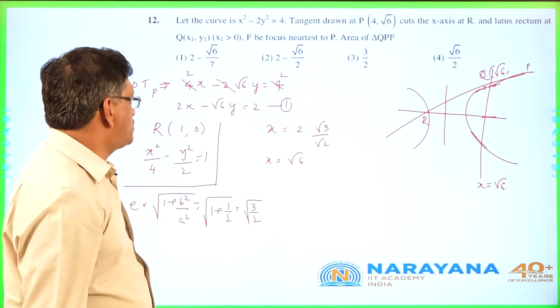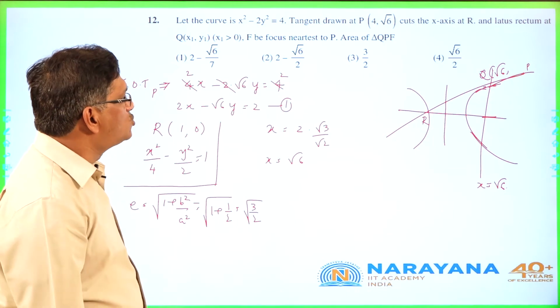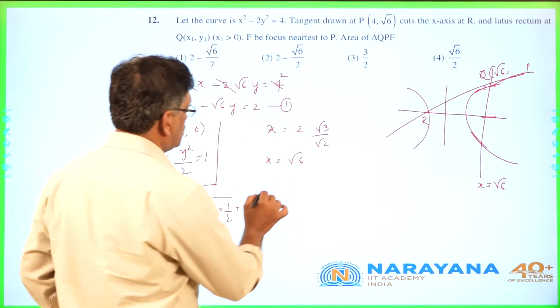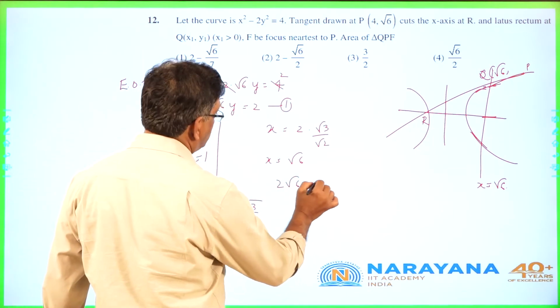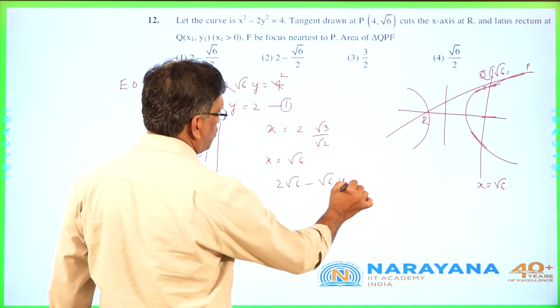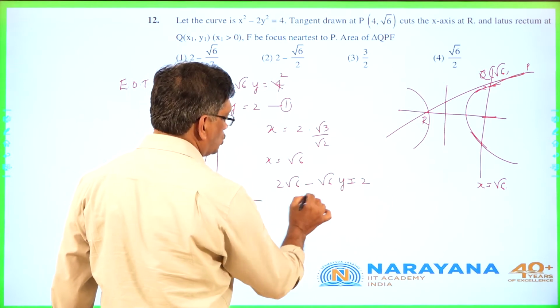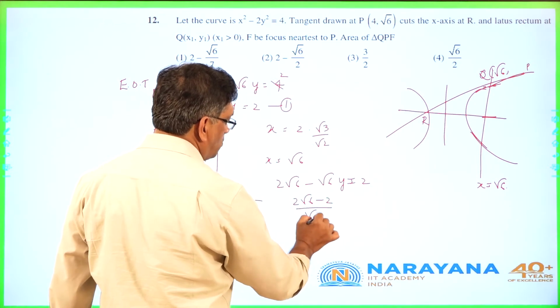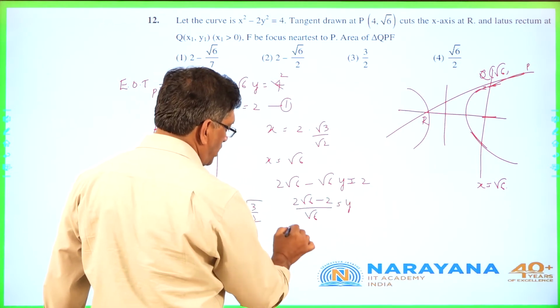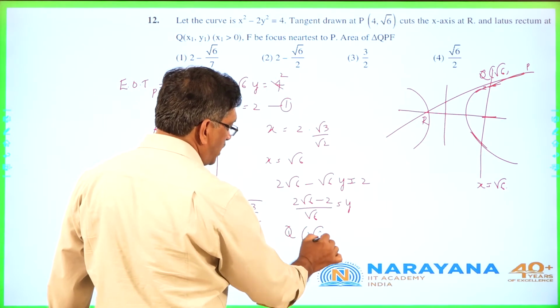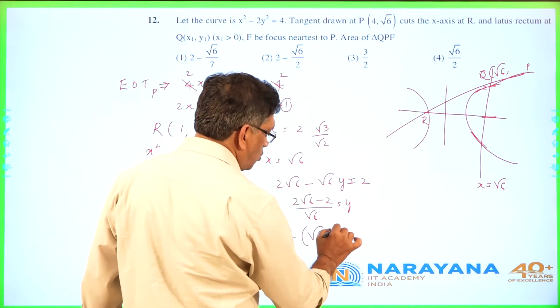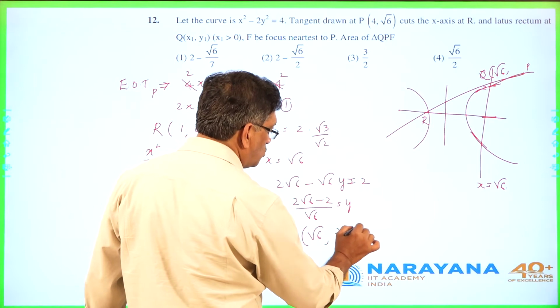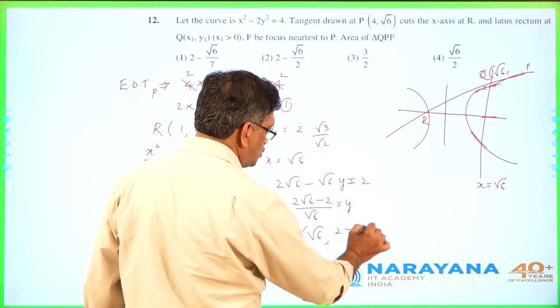So by substituting x equal to root 6 in the tangent, 2 root 6 minus root 6 y is equal to 2. So y is 2 root 6 minus 2 by root 6. So Q has x coordinate root 6, y coordinate 2 minus 2 by root 6.